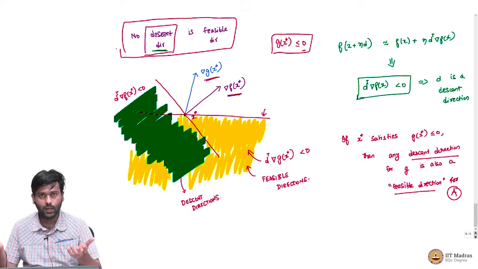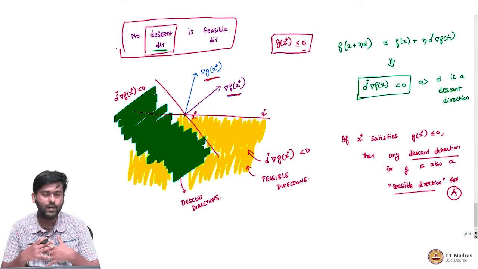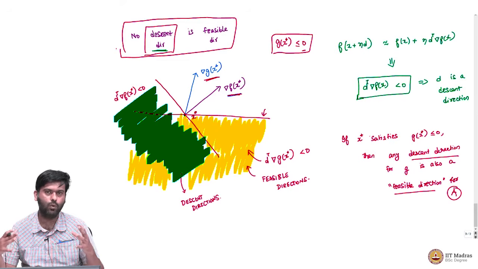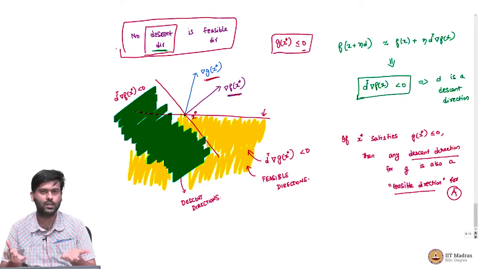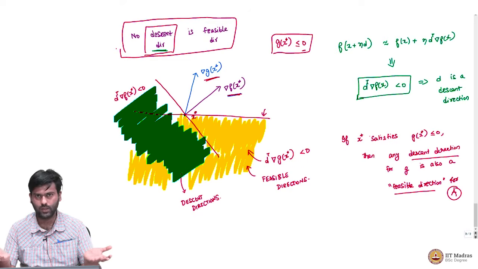Well, there clearly is such a direction, and where is that direction? Any direction which is in the intersection of the green and the yellow half spaces is a direction which is both descent, green, and feasible, yellow, right?